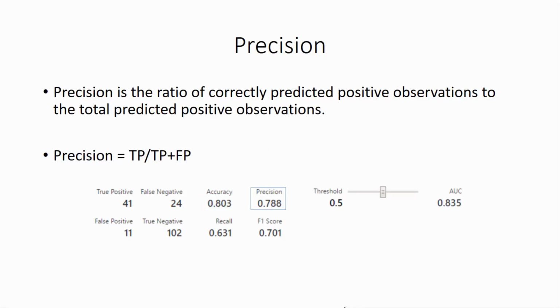Now let's talk about precision. Precision is the ratio of correctly predicted positive observations to the total predicted positive observations. The question that this metric answers is, of all passengers labeled as survived, how many actually survived? High precision relates to a low false positive rate. We have got 0.788 precision, which is a pretty good value.